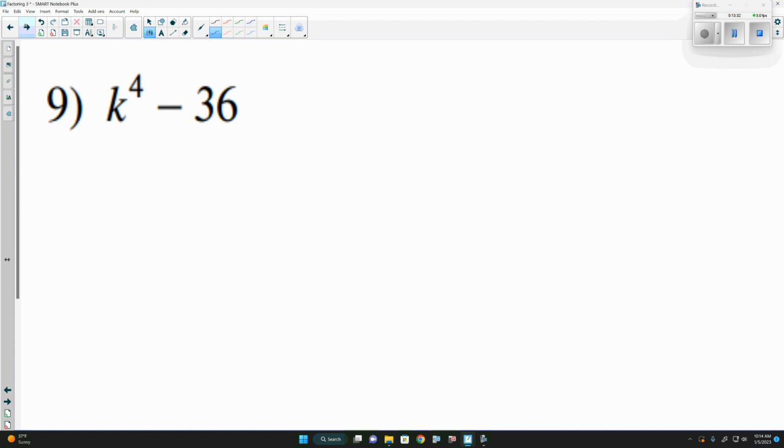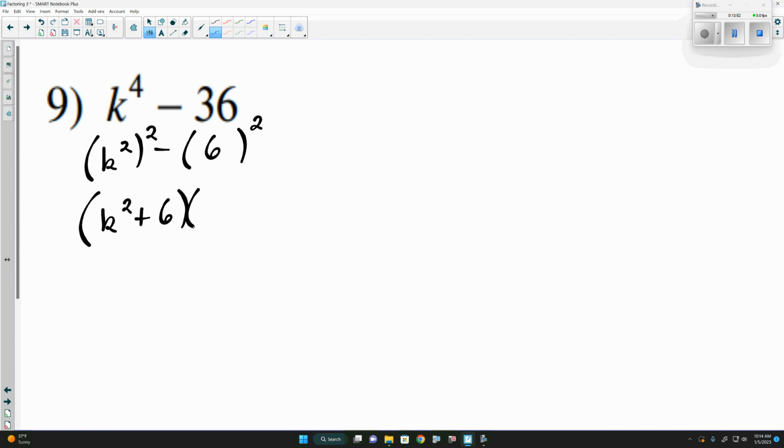k to the fourth minus 36. Well, it's similar to one we just had, because we can think of the k to the fourth as k squared squared. So this here would be k squared plus 6 times k squared minus 6.